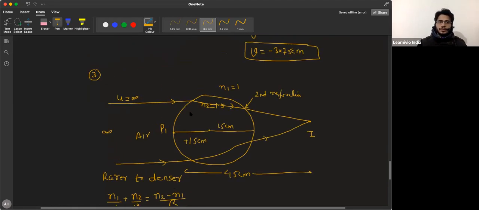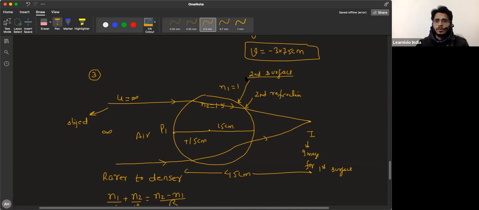So for first surface, this is the object at infinity, and this is the image. You will use this concept in the next derivation also. This is image for first surface. But for the second surface, this image will act like an object.